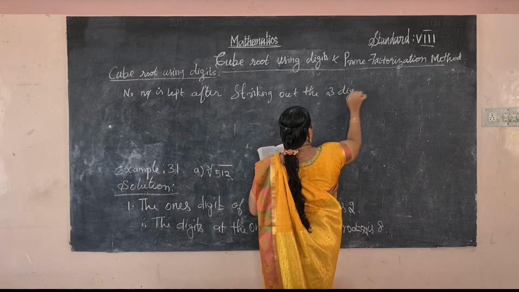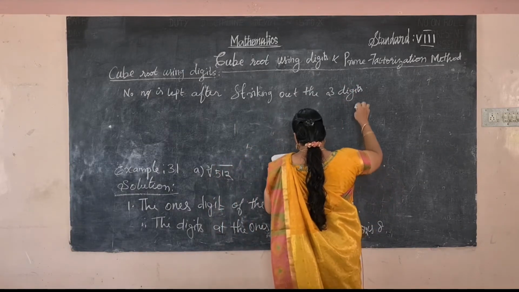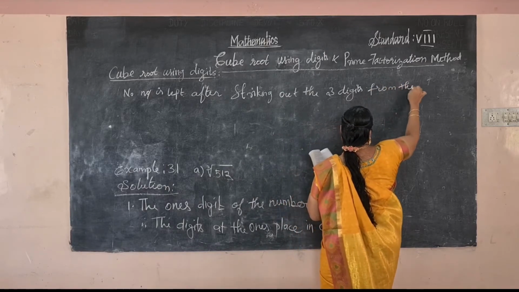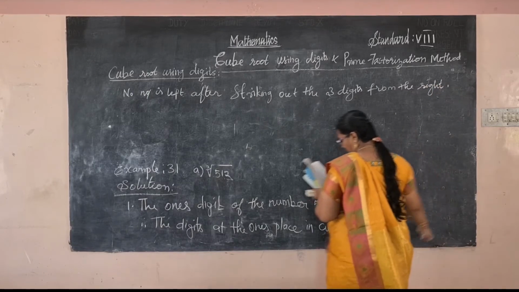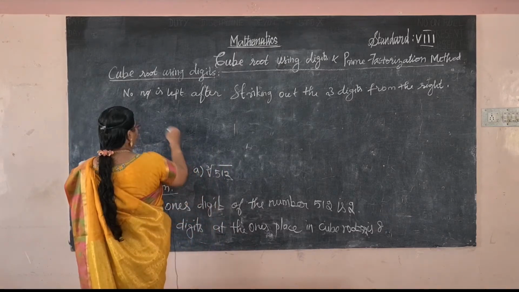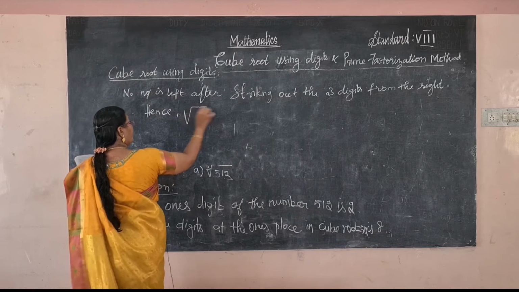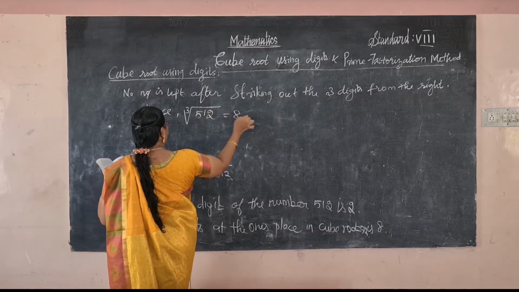Write in words: 3 digits from the right. Therefore, or hence, the cube root of 512 is equal to 8. That's it.